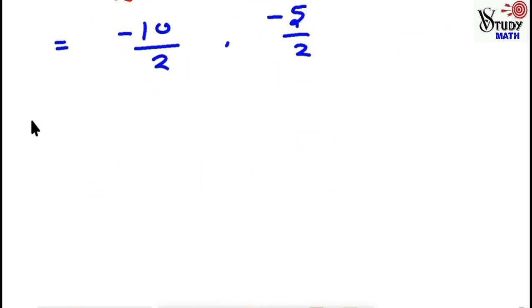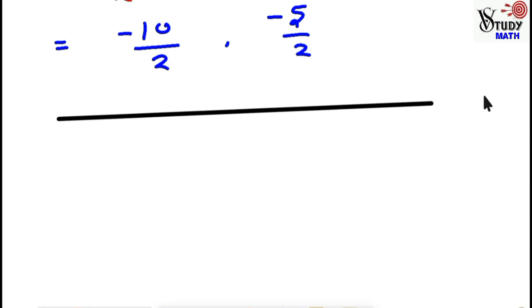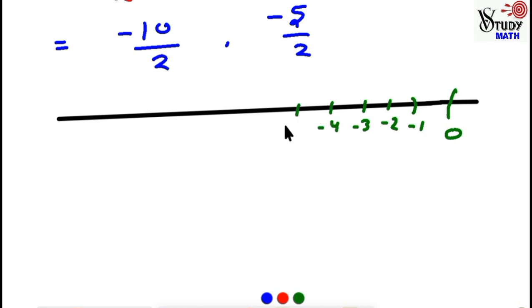Again, this is my number line, and here is my 0, because both numbers are negative here. So dear students, let this be negative 1, this is negative 2, negative 3, negative 4, negative 5, negative 6, negative 7, negative 8, negative 9, and this is negative 10.